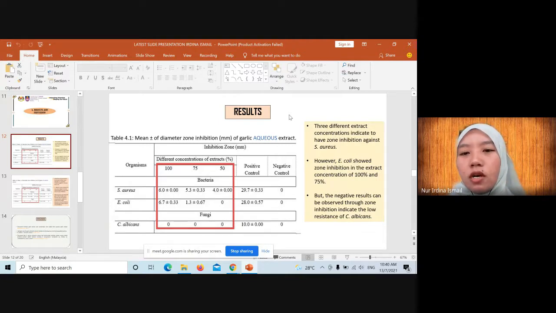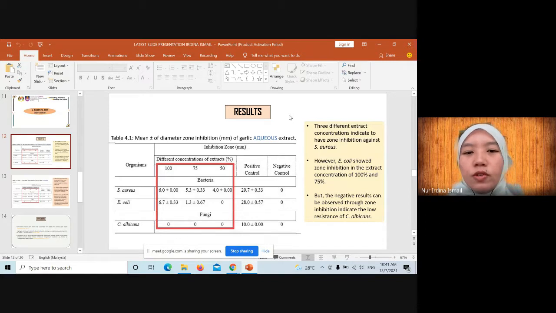Maybe because there was some aseptic technique problem that could have led to my findings, so that the zone of inhibition I could obtain in this study was the least diameter.